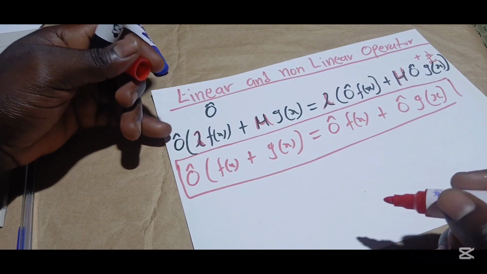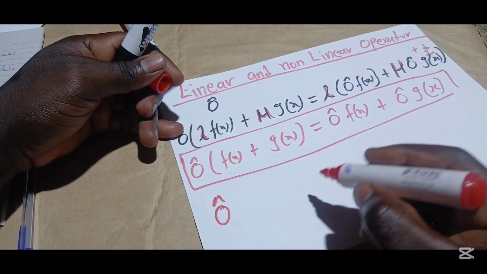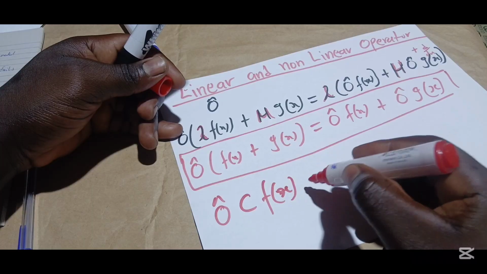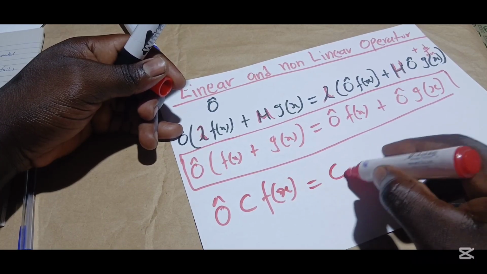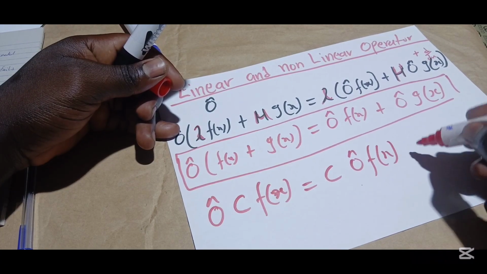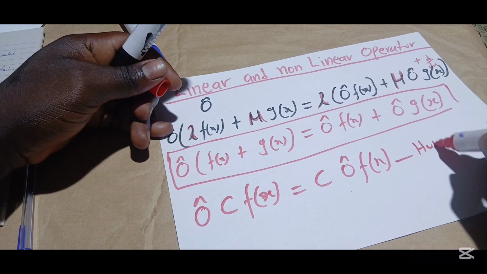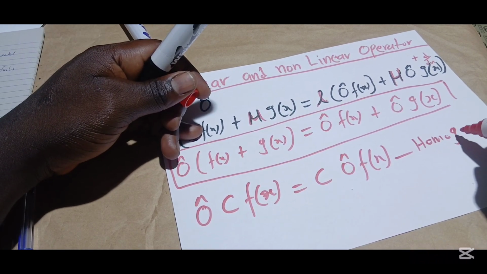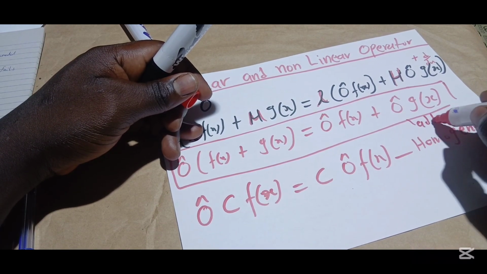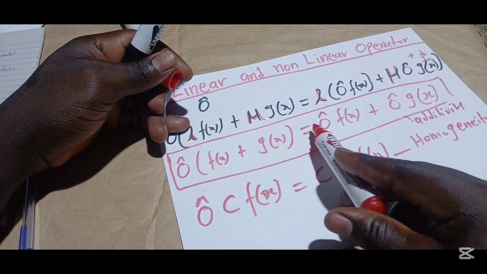Another equation you should also obey is, let's say, if the operator operates on a function gamma f of x, it should give us gamma times the operator and the function f of x. It should obey homogeneity, and this is the additivity, right? You can basically see that we are just expanding this at the end.